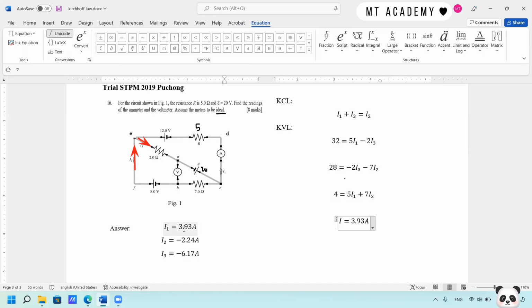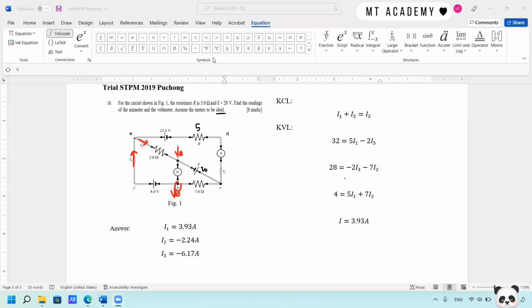For the voltmeter reading, you can apply Kirchhoff voltage law, where you treat the voltmeter as a source of EMF. Let me show you how. We know the current is flowing in this direction, so we can say that the point at B has a higher electric potential than point A. This is VB, this is VA, so VB has higher potential than VA.